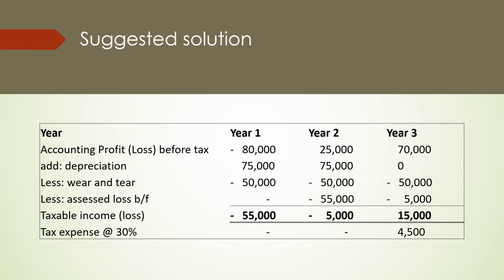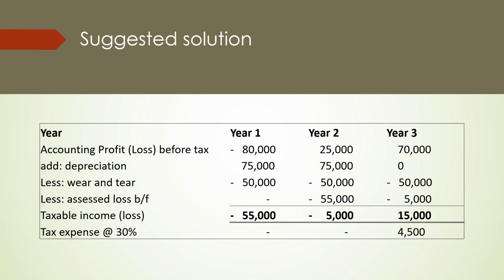This gives us a tax loss of 55,000. We do not account for tax on losses. This loss can be moved forward to future years as stated in this scenario. Thus, we will move it forward to year 2.